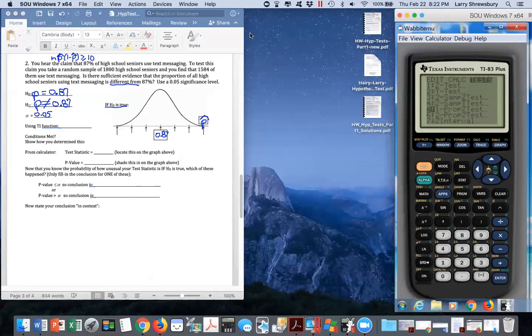So let's go ahead and write that in here. It's going to be 1-PropZTest. So you see, you don't have to memorize the names. Just recognize them when you see it.